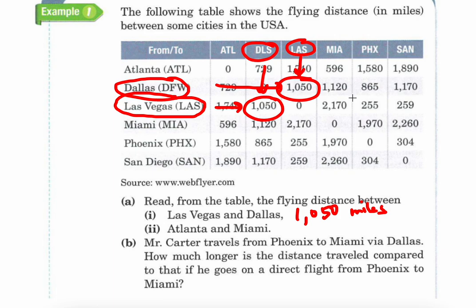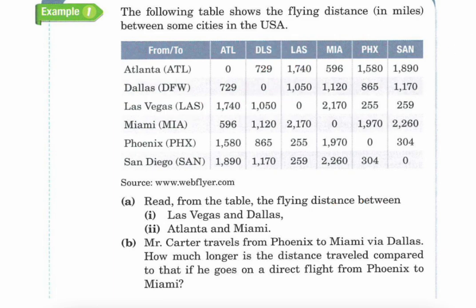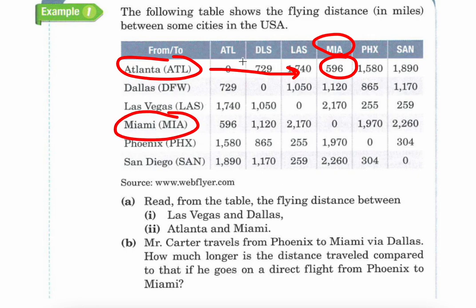It doesn't matter which way you read it because it should be the same value. Similarly, Atlanta to Miami would be 596 miles, or Miami to Atlanta this way is 596.